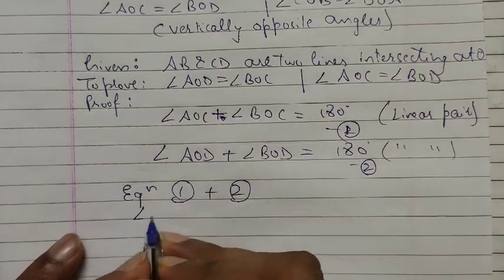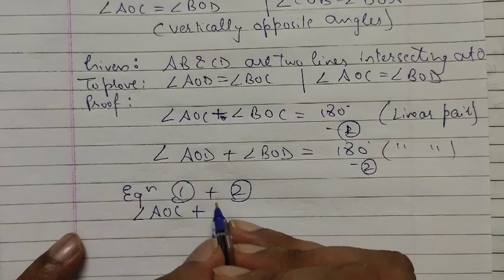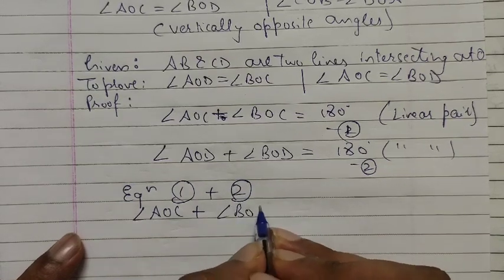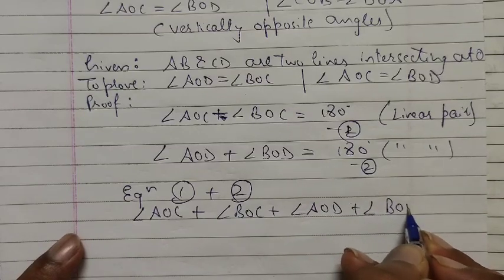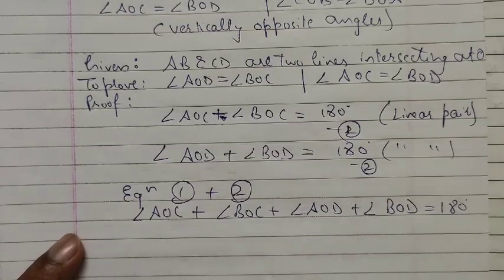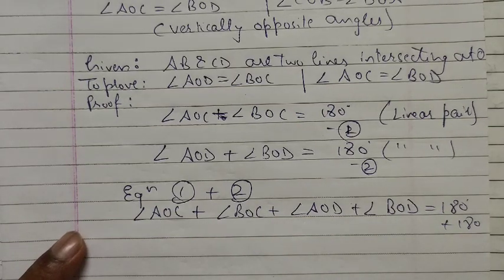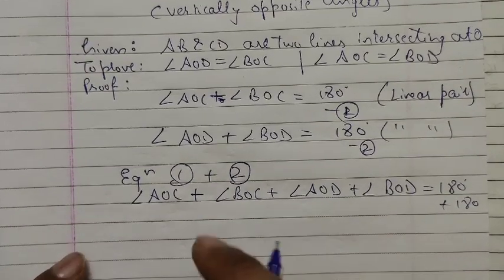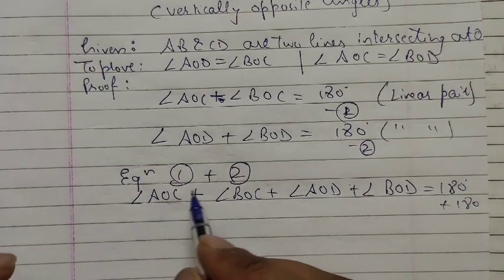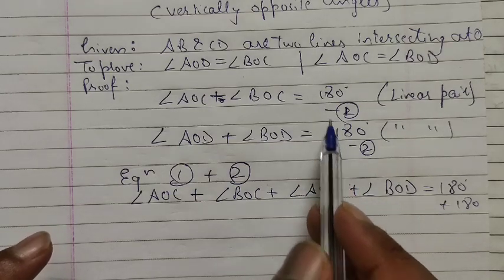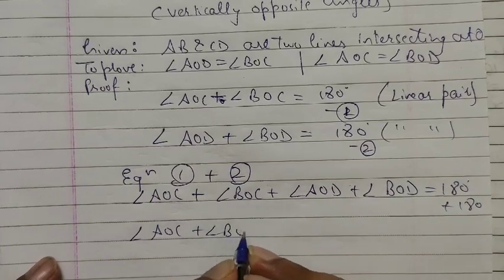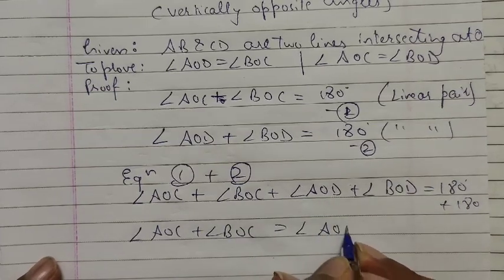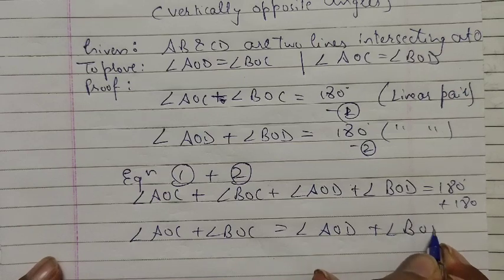So AOC plus BOC plus AOD plus angle BOD is equal to 180 plus 180, right? From here, if we compare these two, LHS is equal to RHS, so we can also say angle AOC plus angle BOC is equal to angle AOD plus angle BOD, right?